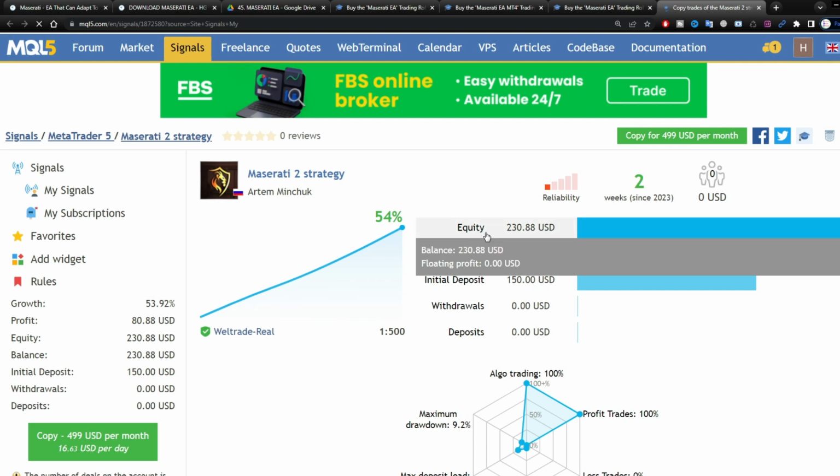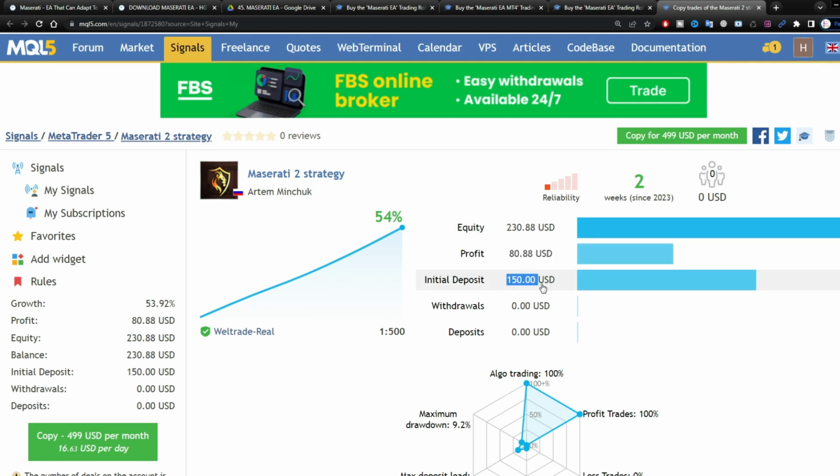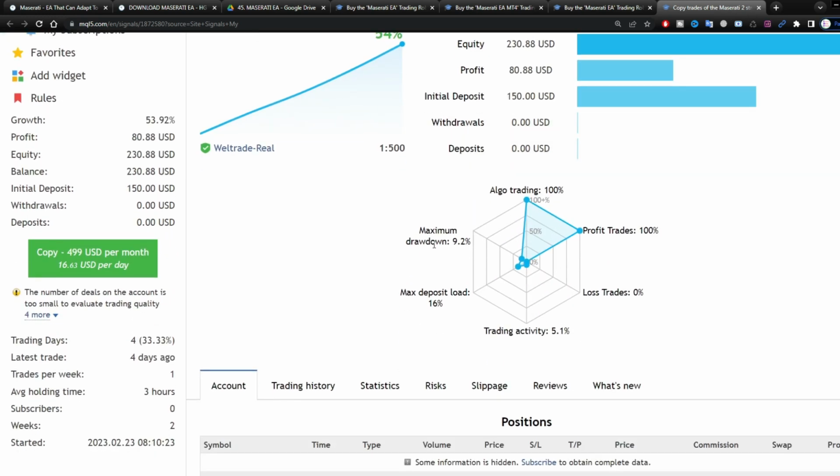The capital used here is $150 and has a profit of $80.88 or around 54%. The drawdown that occurred is 9.2%. And it should be noted that the Maserati Expert Advisor has very little trading activity at 5.1%, meaning that the Expert Advisor rarely opens transactions.